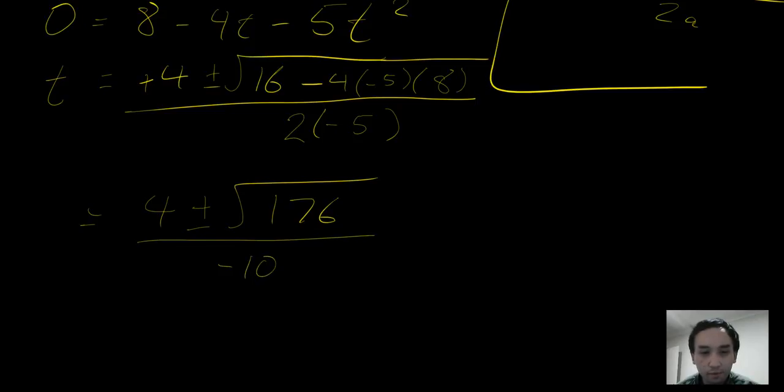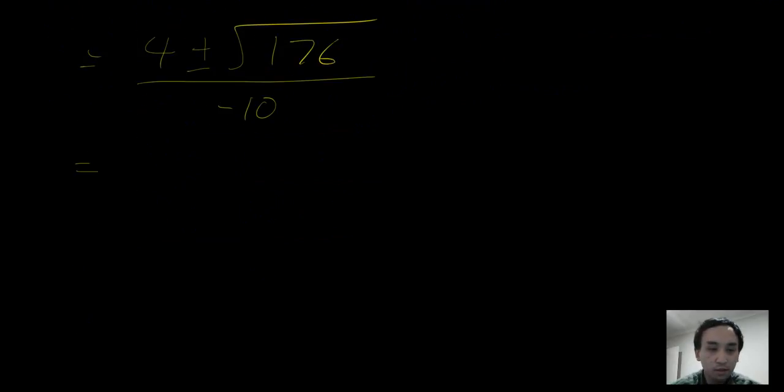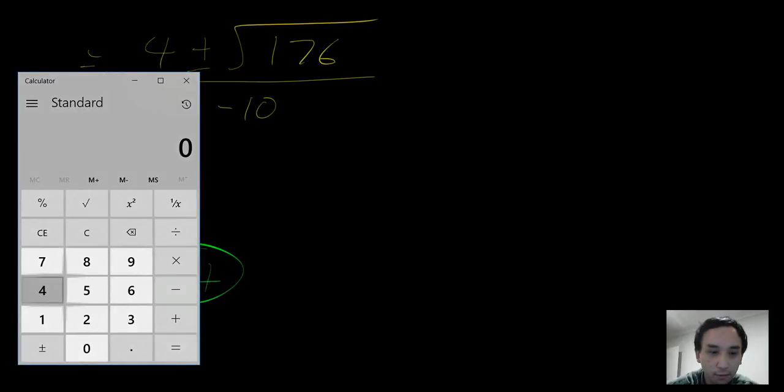Alright, let's see what this gives us. So this should give us two solutions. We'll consider the positive case first. What happens if we take the plus sign over here? Okay, so this is for the positive case. Actually, we'll start with the square root, just because we're on this calculator over here.